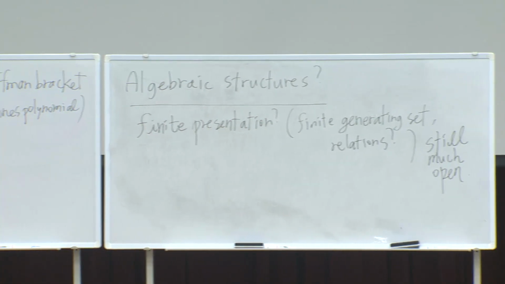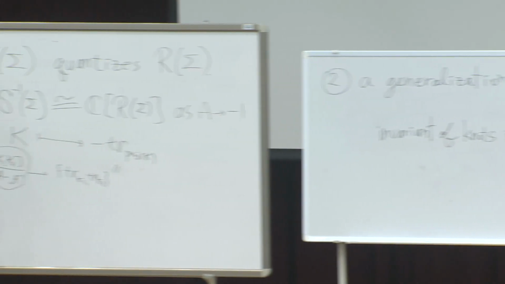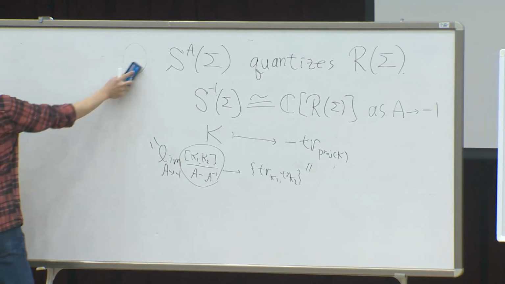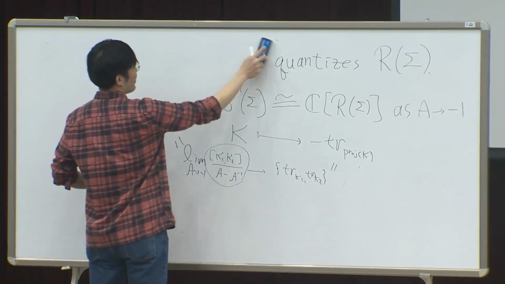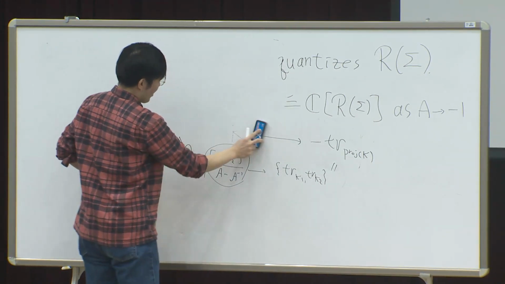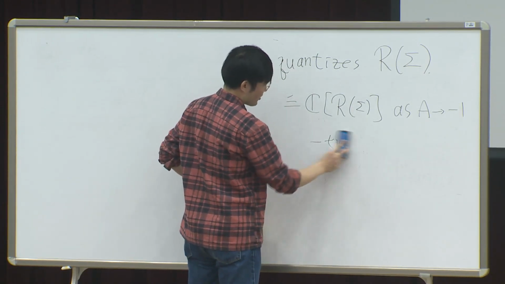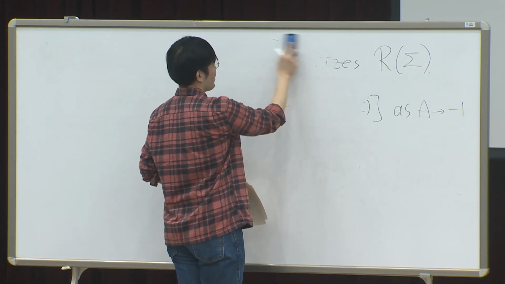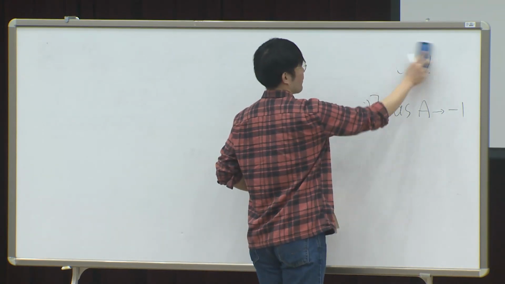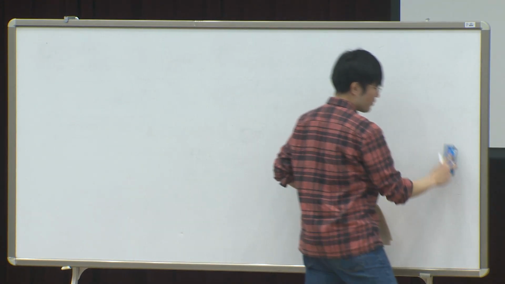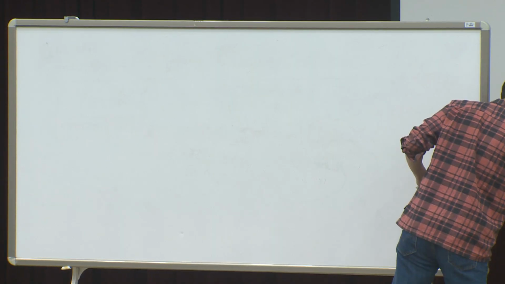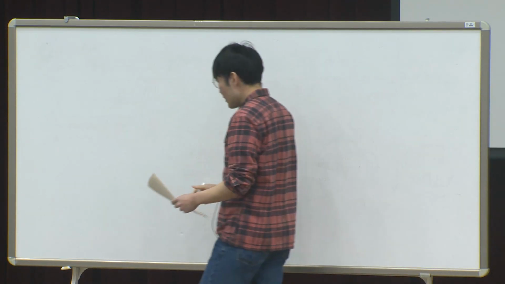So what other thing can you do? What is an algebra? An algebra is like a vector space with multiplication. And if you just focus on the vector space structure, the module structure, I can ask whether there's a good basis. That's the thing that I would like to address.